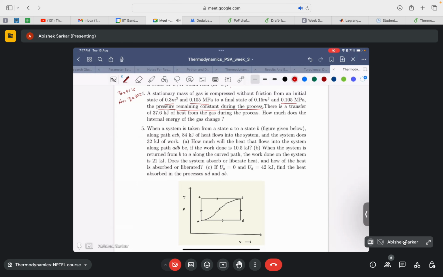37.6 kilojoule of heat from the gas, so you need to remember the sign convention accordingly. It's again very simple. You need to use the equation Q12 is equal to delta U plus W12. In this case, Q is already given.